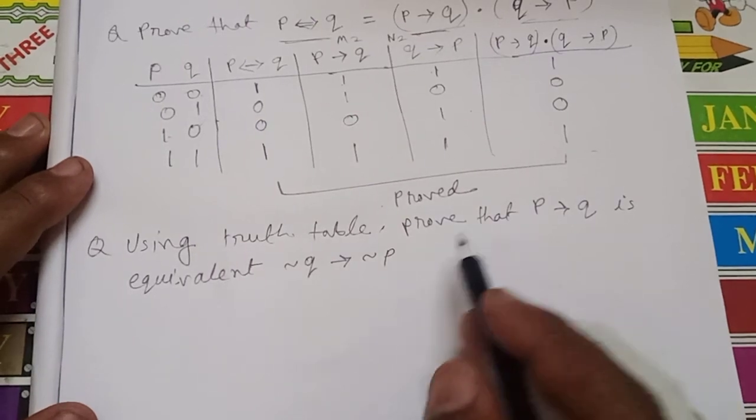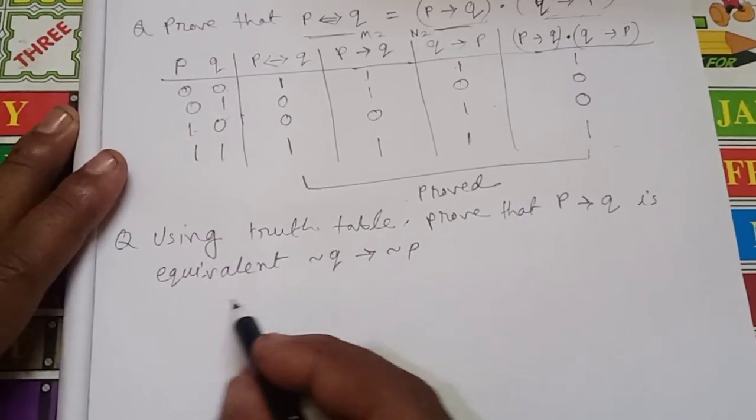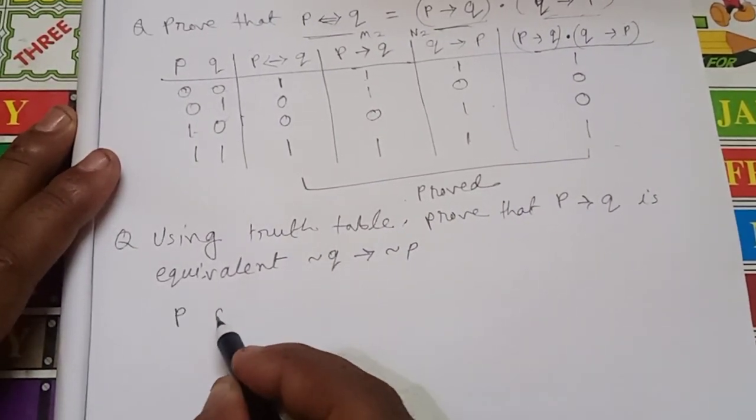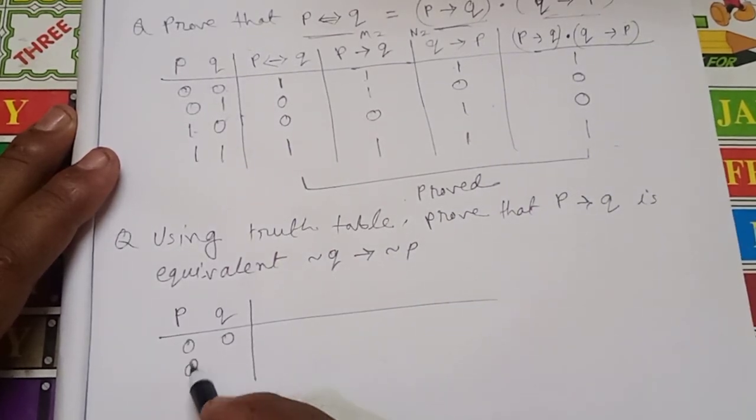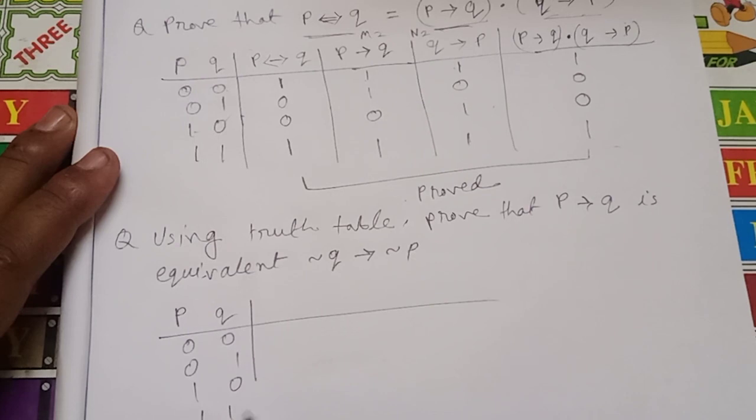We have two values, P and Q, so simply write the combination of P and Q over here: 0 0, 0 1, 1 0, 1 1.